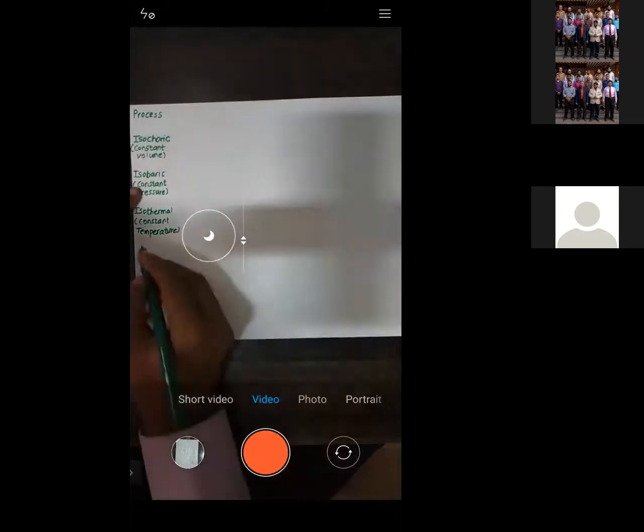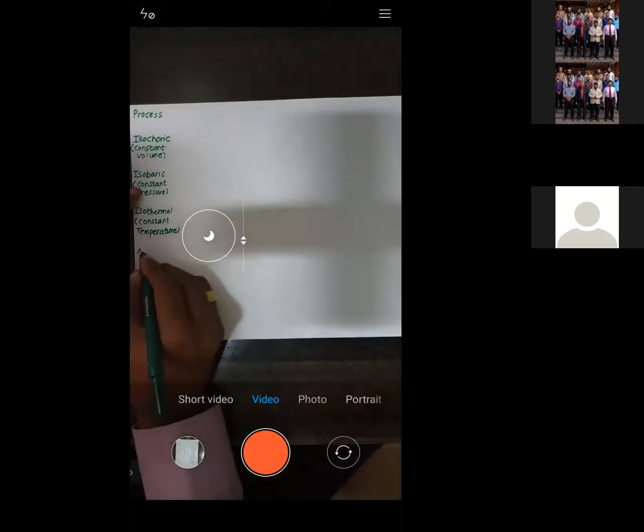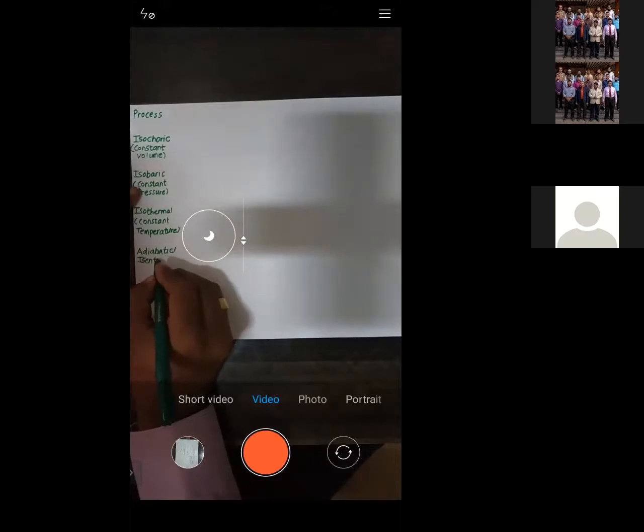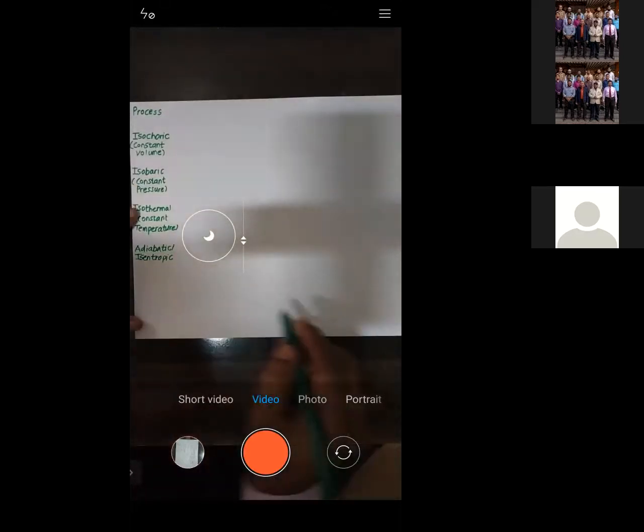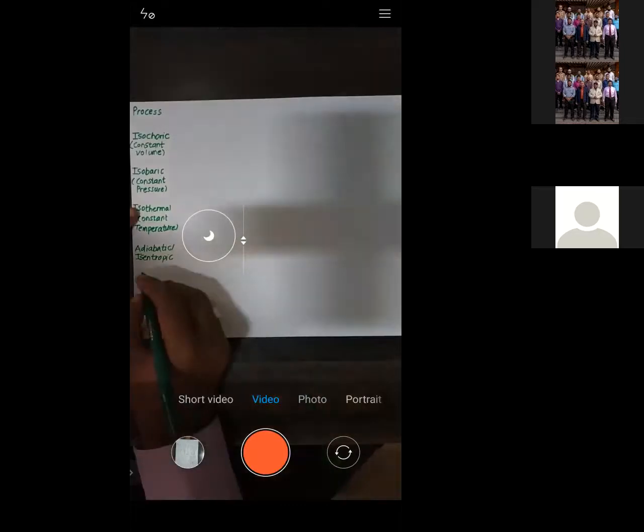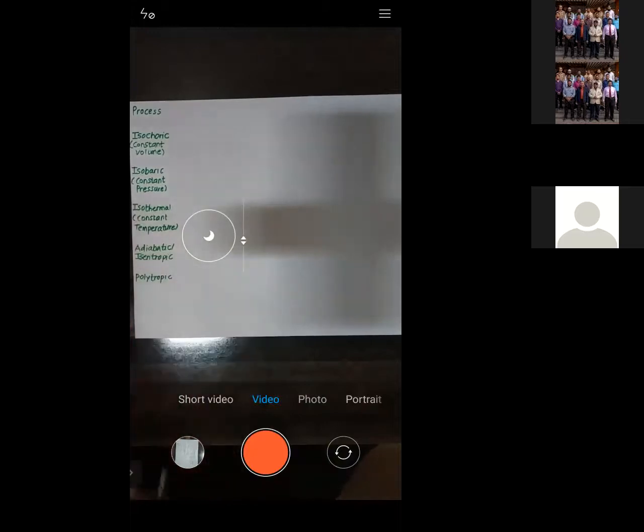Let's take the next process, adiabatic, which is also known as isentropic. Try to understand: adiabatic or isentropic process. And let's take one more process that we have seen in today's lecture, the polytropic process.